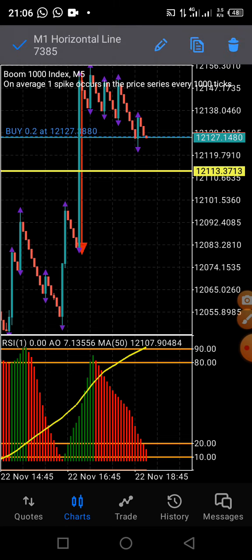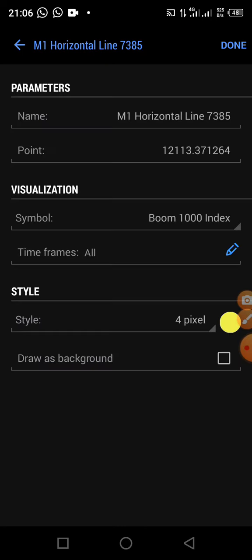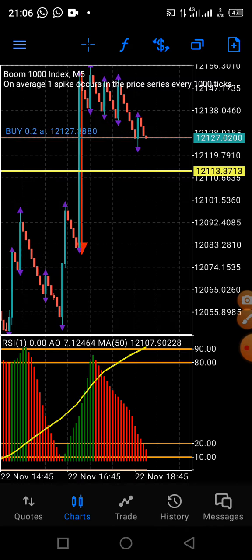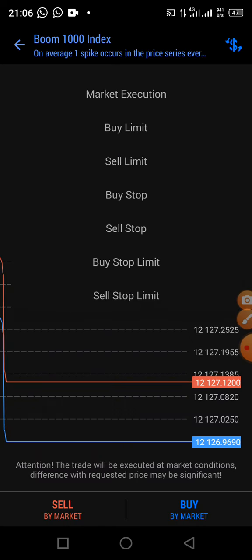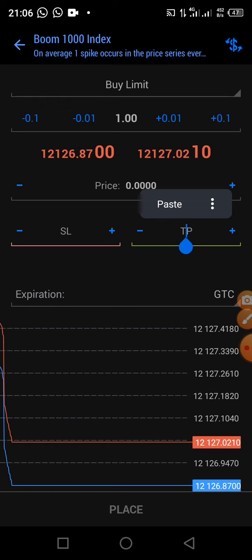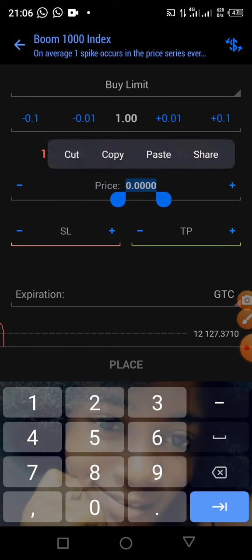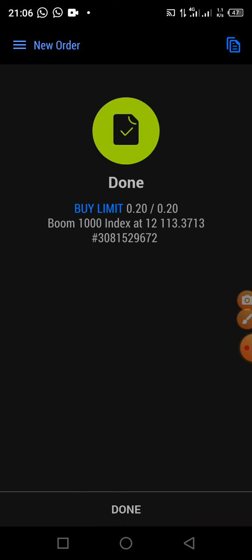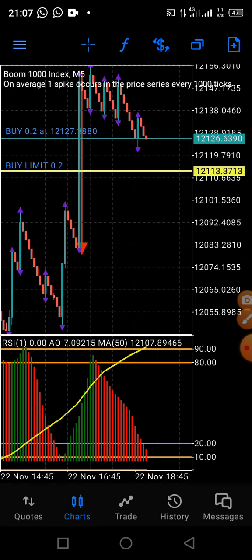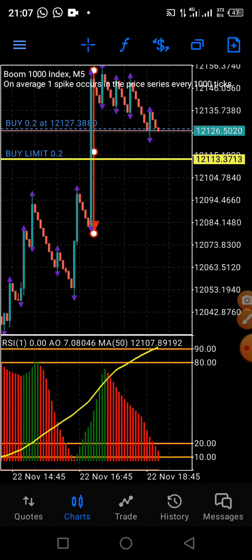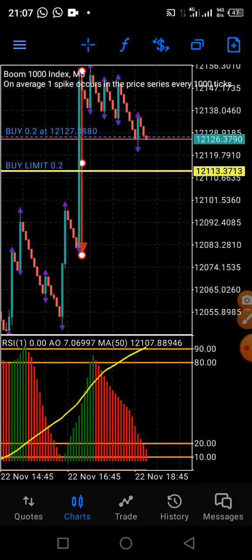Then we'll put buy limit, buy limit, so buy limit there in between, in between from this point at that point in between. So we have entered here.